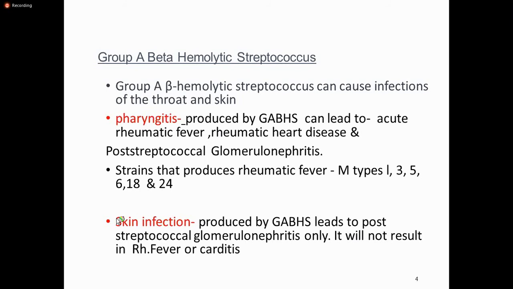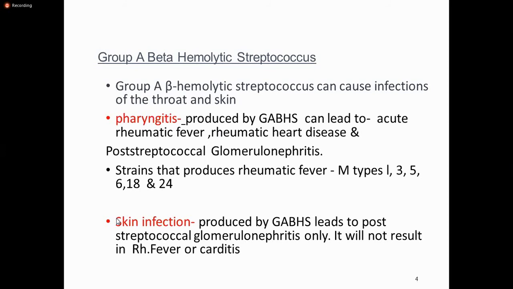They can lead to acute rheumatic fever and rheumatic heart disease, as well as post-streptococcal glomerulonephritis or endocarditis. There are numerous strains of group A beta hemolytic streptococci, but only a few, especially M types 1, 3, 5, and 6, are responsible for rheumatic fever and rheumatic heart disease.